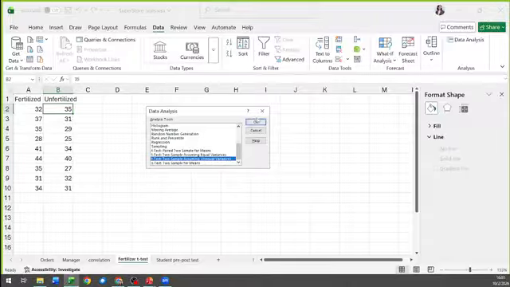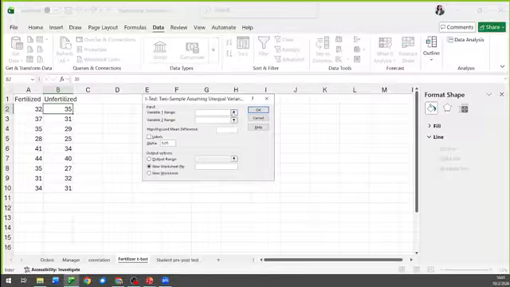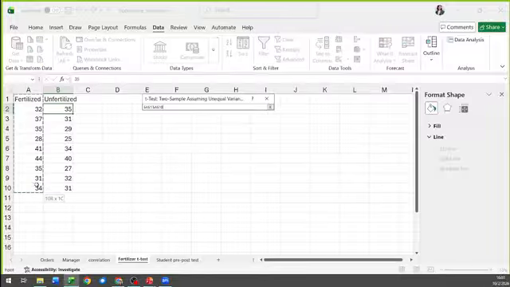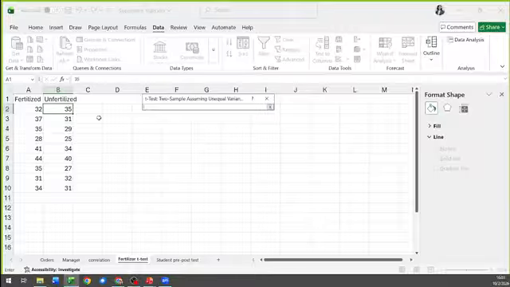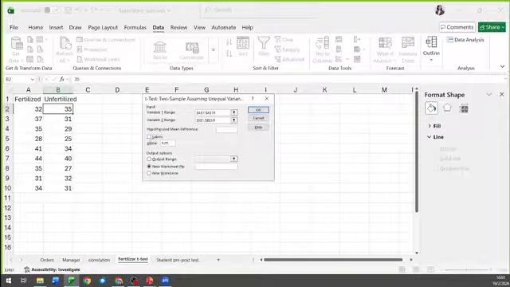Then input 1, A1 to A10, input 2, B1 to B10, and I choose labels because I have column headers. Alpha is already set for us, and you can change it here.